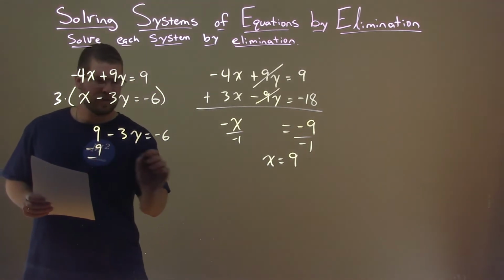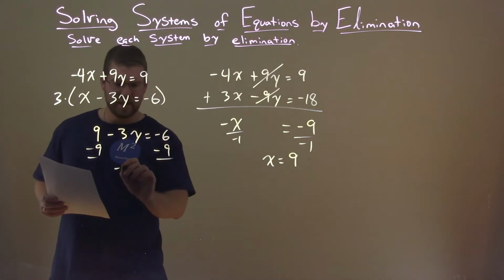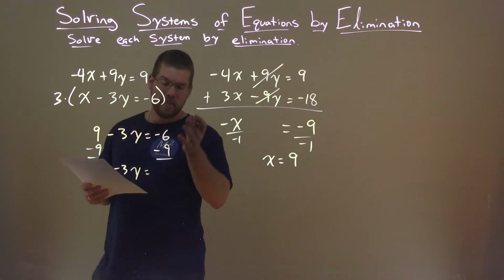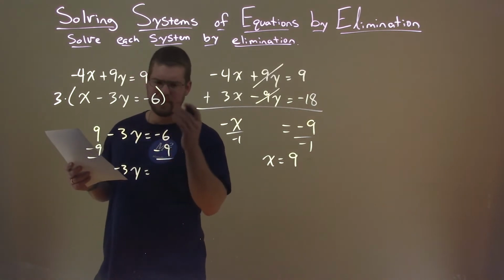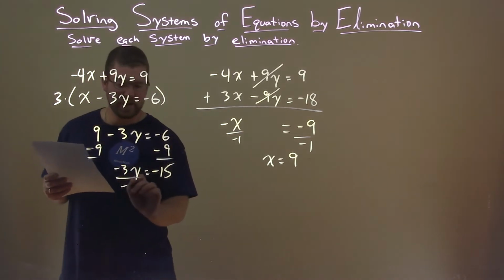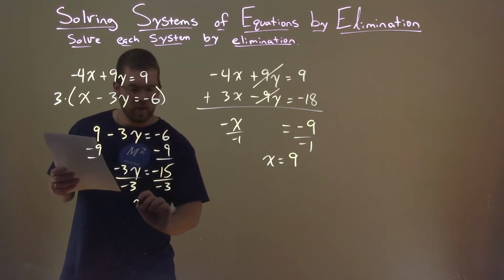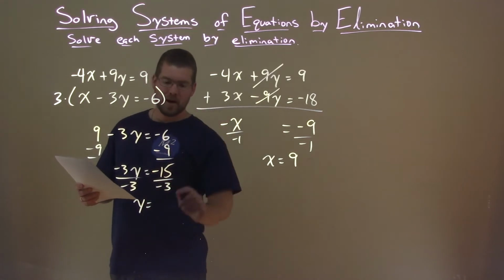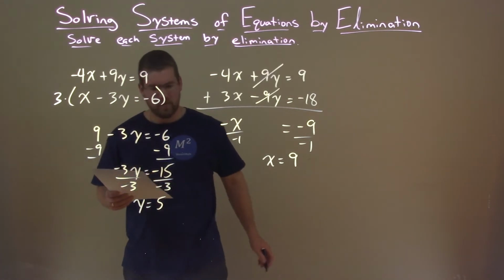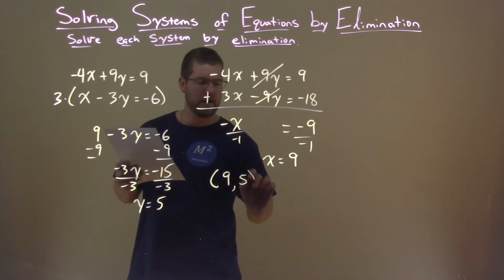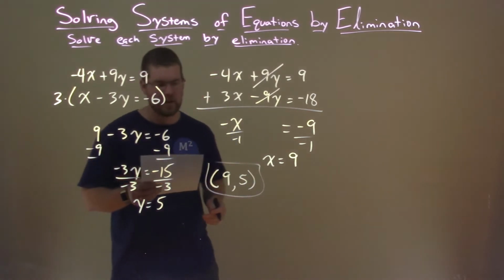Subtract 9 to both sides, and we have negative 3y equals negative 6 minus 9, negative 15. Divide both sides by negative 3 here, and y is equal to negative 15 divided by negative 3, positive 5. So we have y is 5, x is 9. We can write that as a coordinate point, 9, 5, and that is our answer.